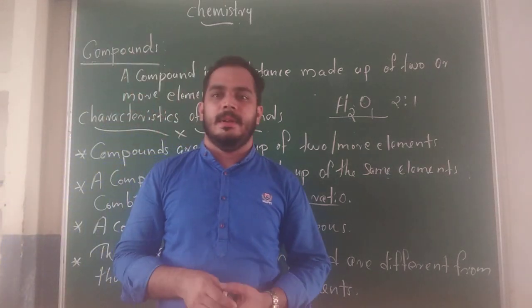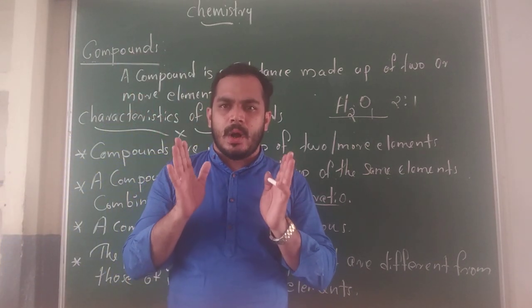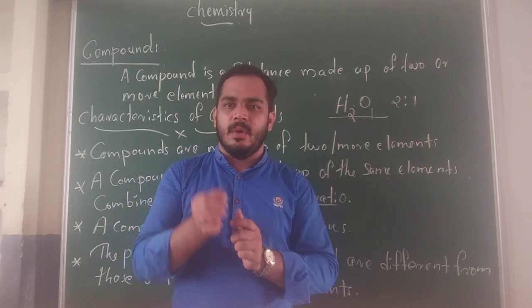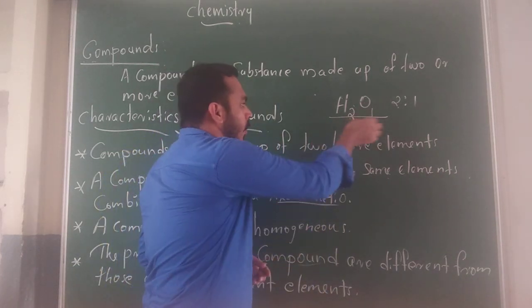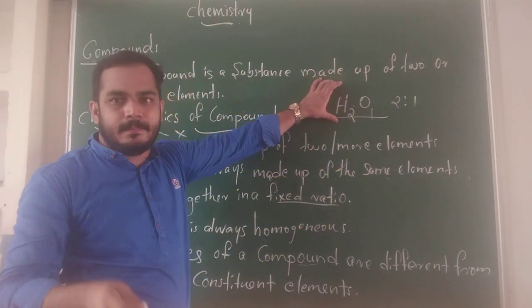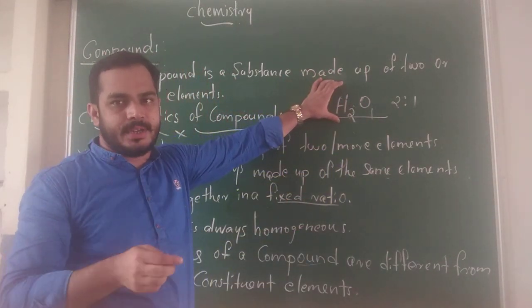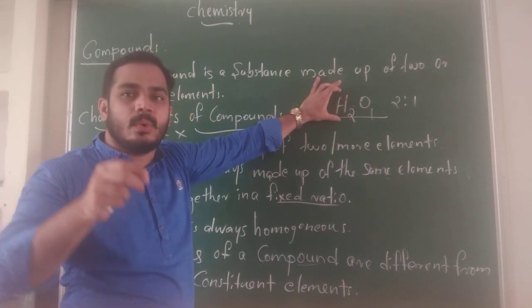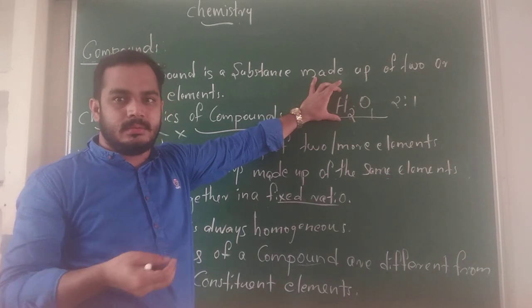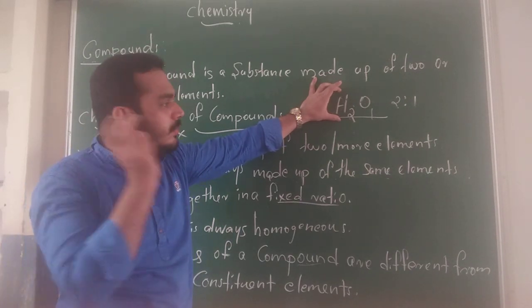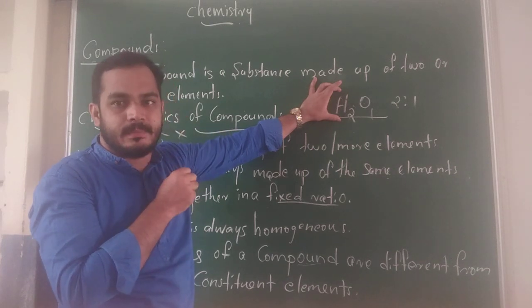Constituent elements. How to understand this property or this character? Very simple. For example, the water. We take the water, okay? Hydrogen and oxygen. The hydrogen has a tendency to burn. Burning tendency means it has an inflammable character.